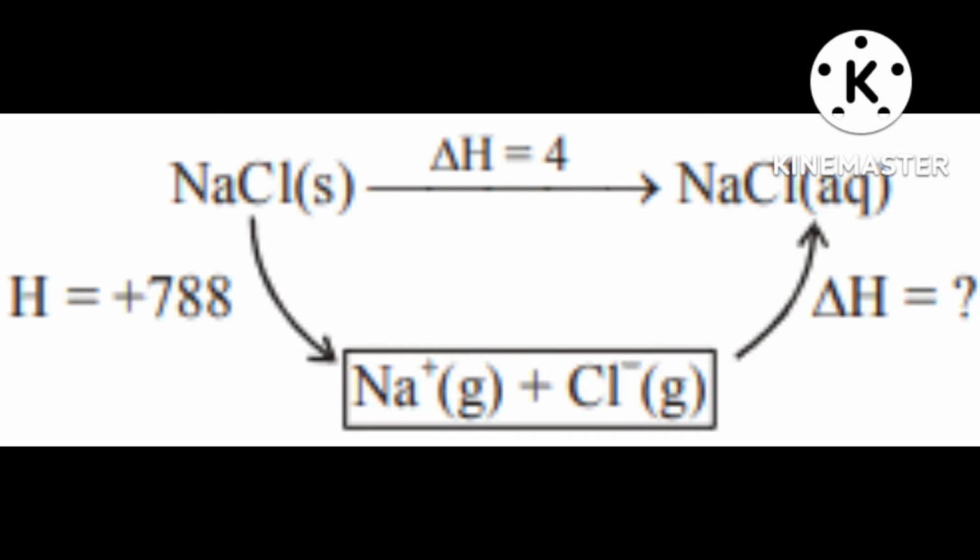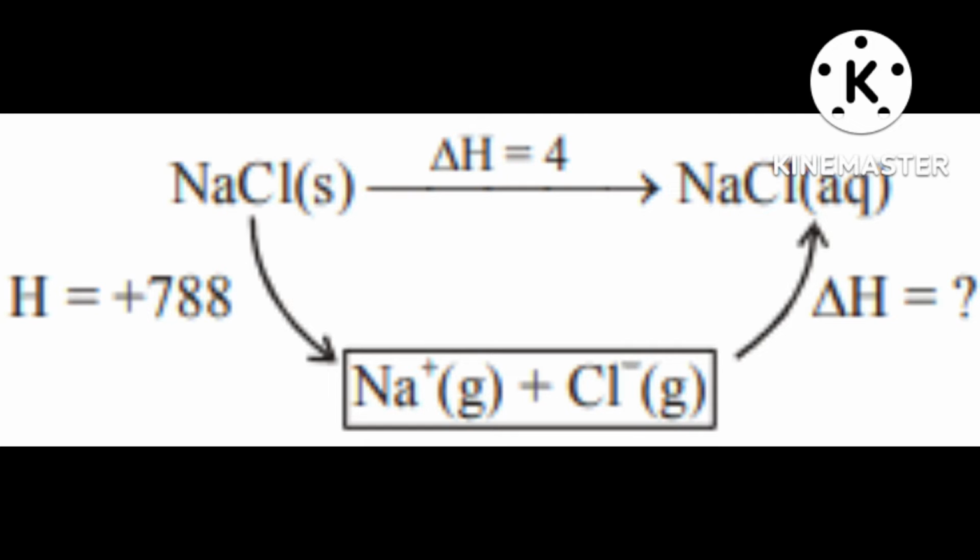Since it is impossible to determine lattice enthalpy directly by experiment, we use an indirect method, where we construct an enthalpy diagram called a Born-Haber cycle. By the use of the Born-Haber cycle, we can calculate the lattice energy.